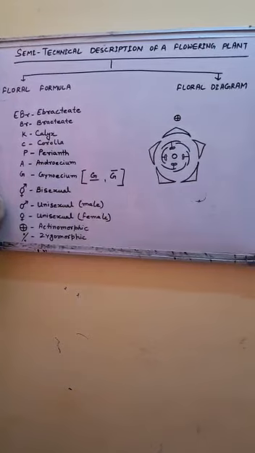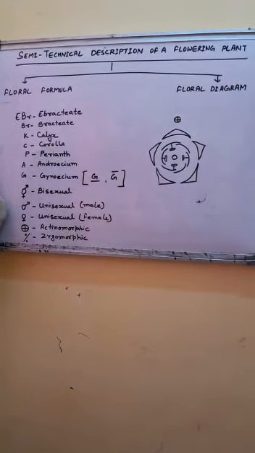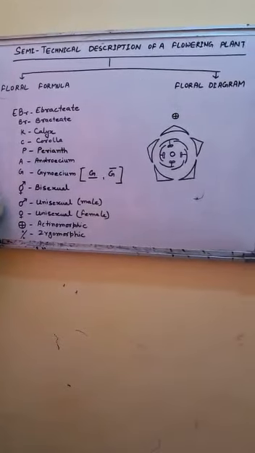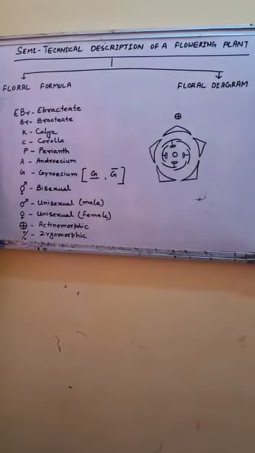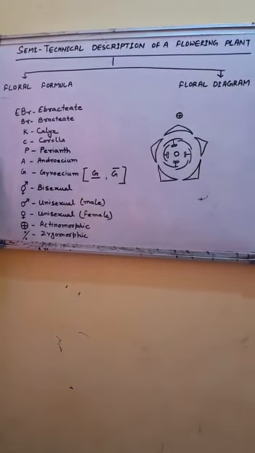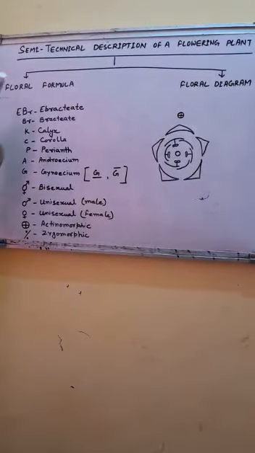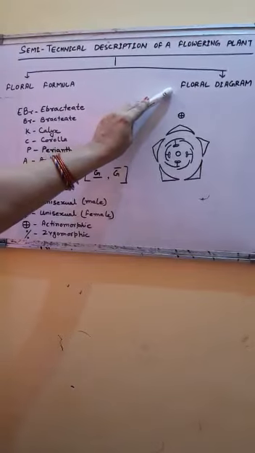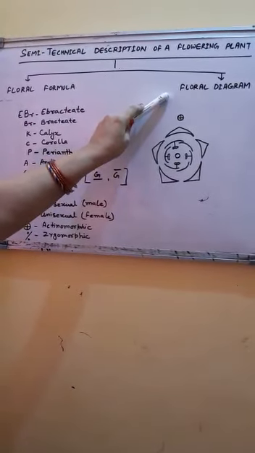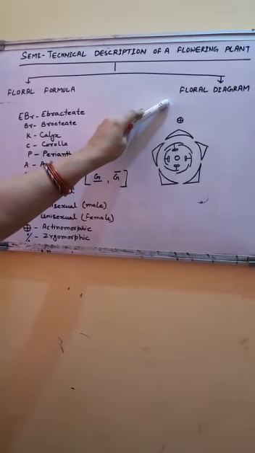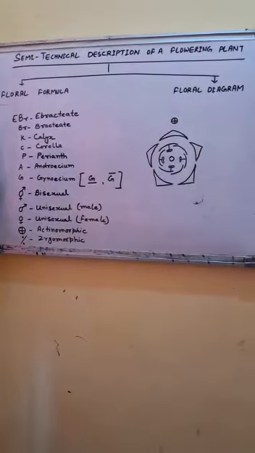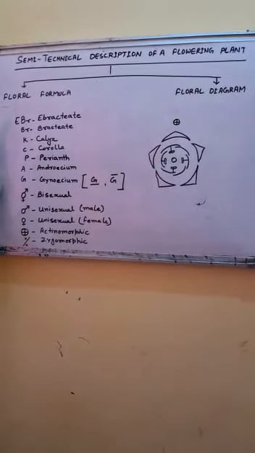It tells the structure in a minimal symbolic numeric description. So, a floral formula is used to describe the characteristics of a flower, and a floral diagram is the diagrammatic representation of a flower which tells the maximum about its floral parts, numbers and arrangements. So let's study these two.